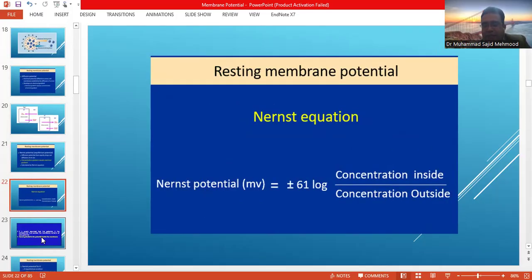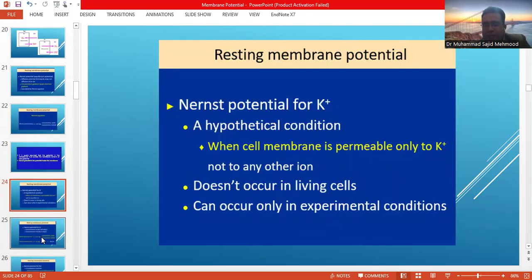And the Nernst equation is plus minus 61 log of concentration inside divided by concentration outside. So in case of potassium ion, normally there are more than one ions which are operating along the membrane in the living cell.